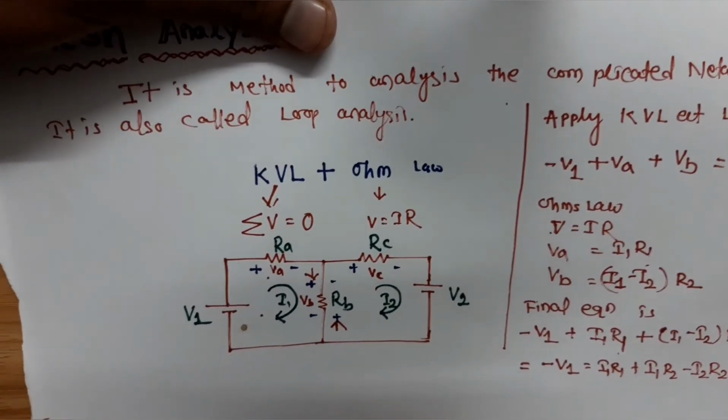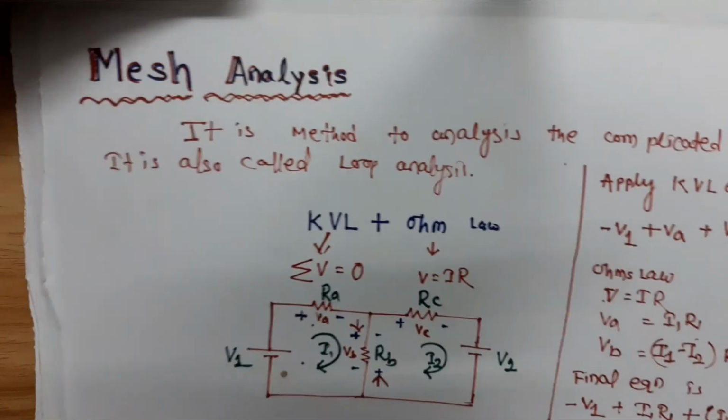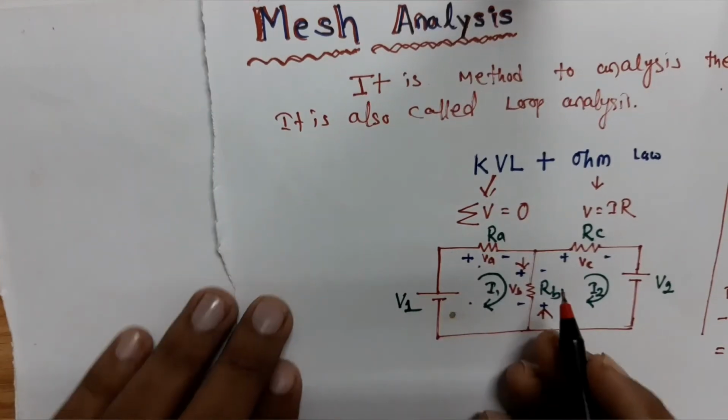Then there is another loop. We apply KVL in loop 2.